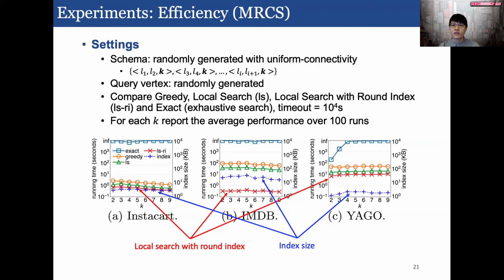For the efficiency for MRCS, we also use synthetic schema and query nodes. We compare greedy local search with round index, and the naive method on 3 large datasets. It can be seen that local search with round index has the best performance, and the index size is low compared to the original graph size.